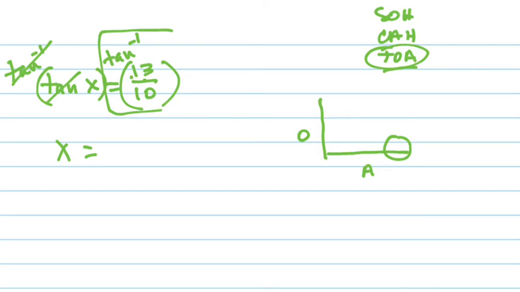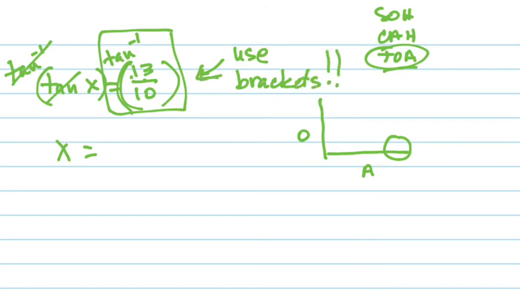And on this side, you take the inverse tangent of 13 over 10, and make sure that when you do that, you use brackets. Otherwise, it'll only take the inverse tangent of the top part. So make sure you do tangent negative 1 bracket 13 over 10.